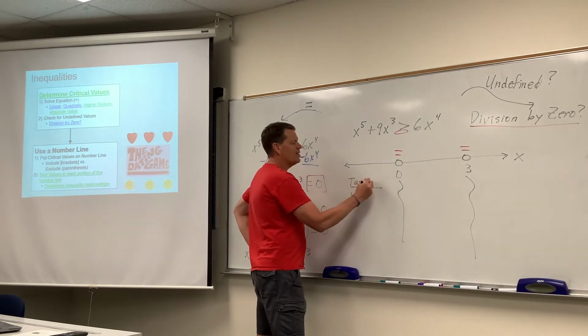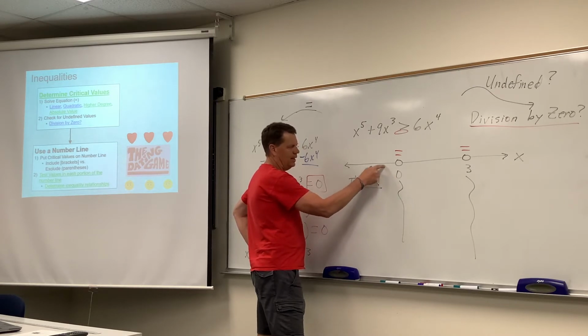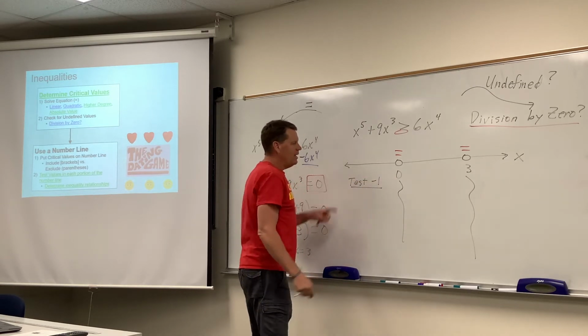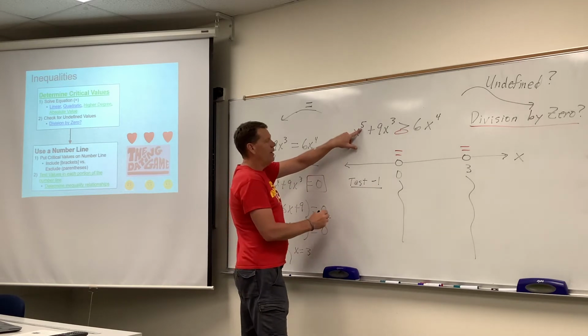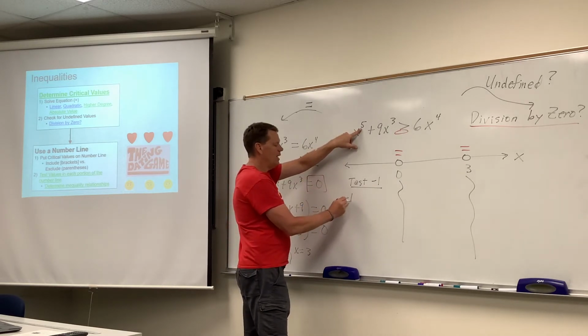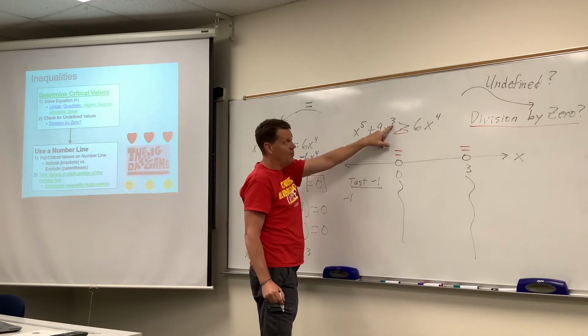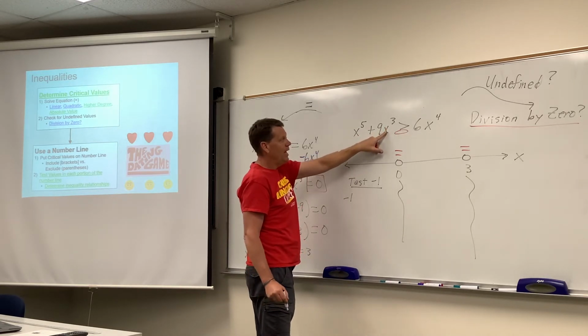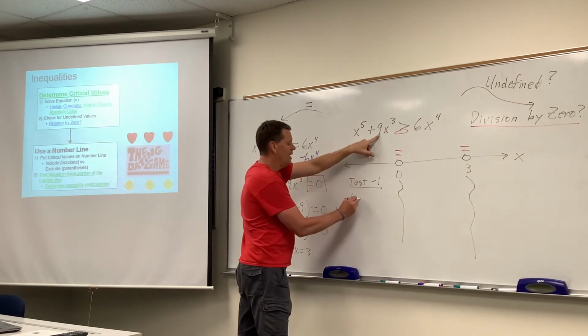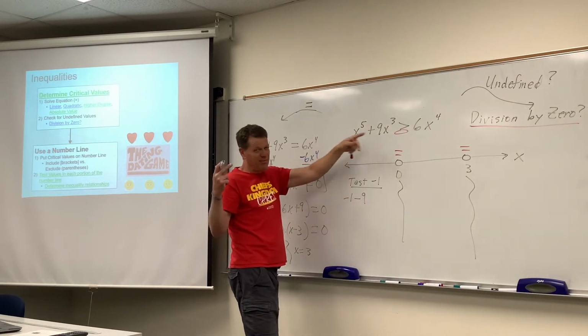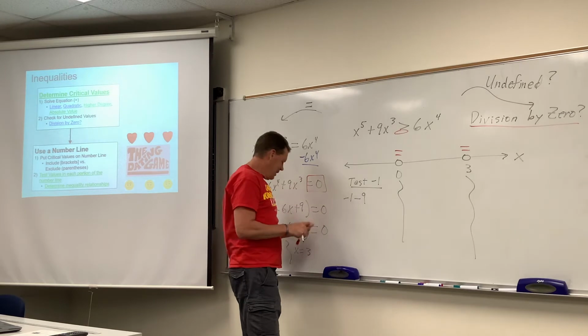I would recommend testing -1. It lives over here. All right, so -1 to the 5th power, since that's an odd power, would be -1. -1 to the 3rd power, since that's an odd power, would be -1. And -1 times +9 would be -9. Mental arithmetic. I'm on thin ice here. I get it.